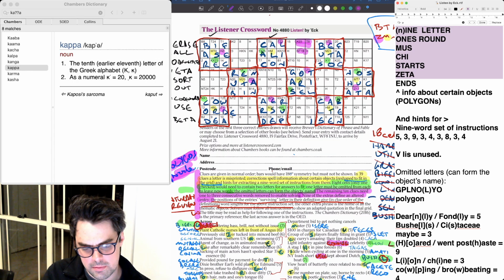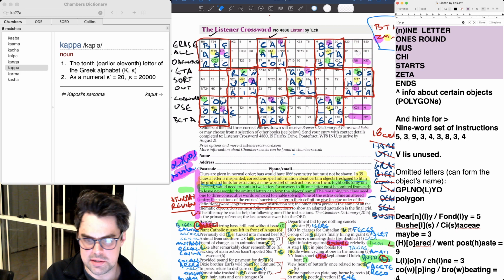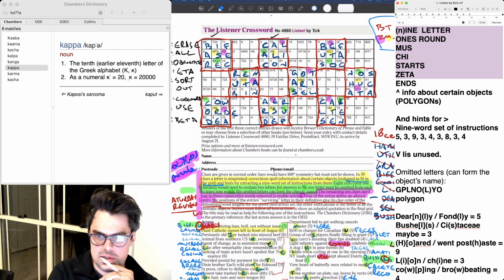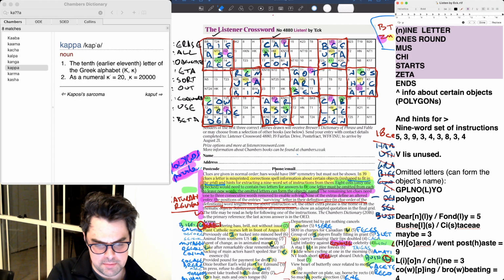And they're in fact all representations of various Greek letters. So Chi looks like our X, and Zeta is, of course, a Z, and Mu looks like a capital M.